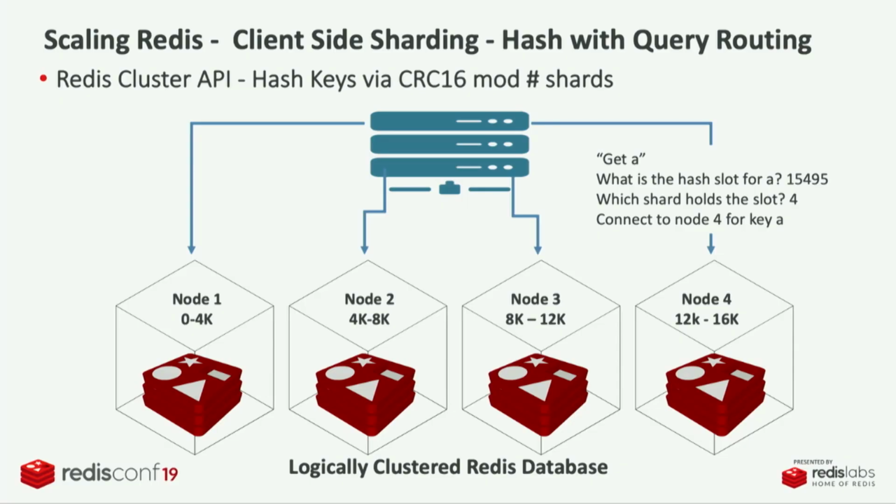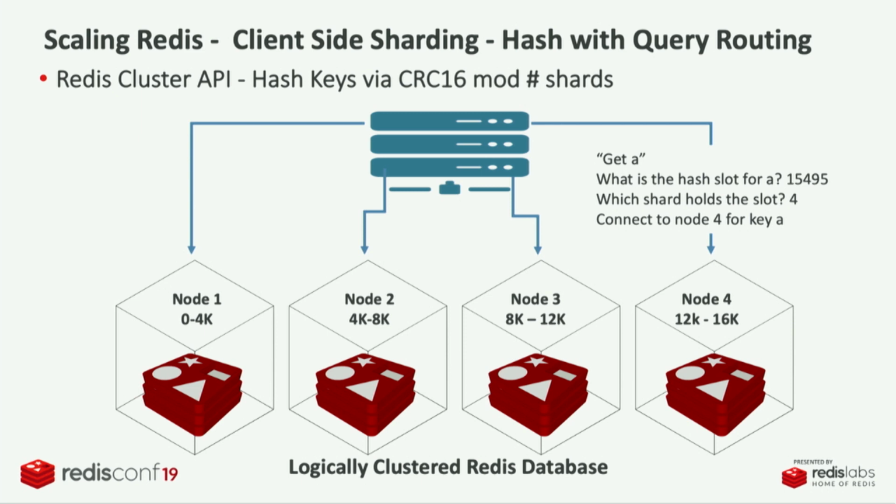The alternative way is to go through client-side sharding still, so the client still has to know which shard it needs to talk to. But the logic behind which shard it goes through is spread out and managed by hashing the keys. Okay? And so the most popular one that a lot of people talked about is the concept of the Redis clustered API.